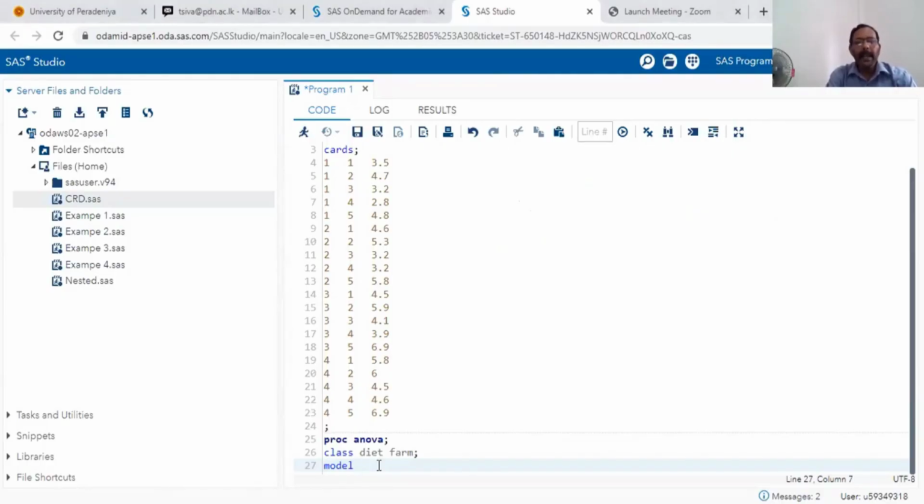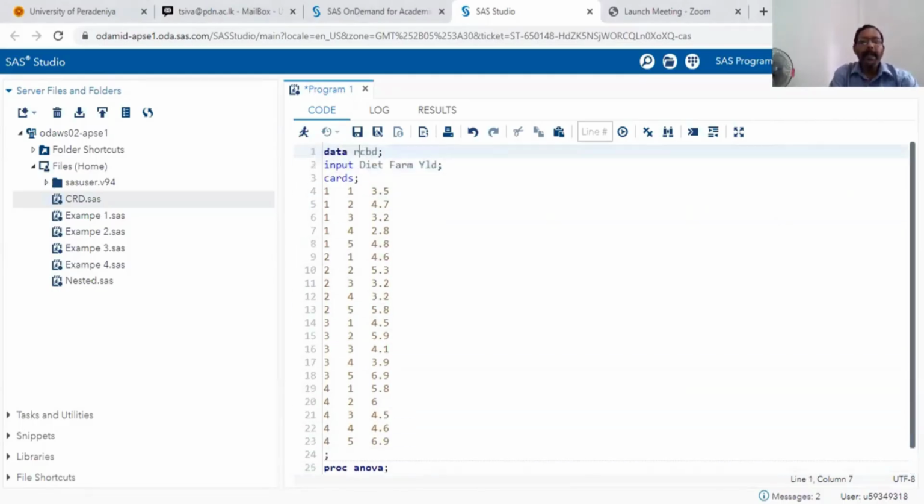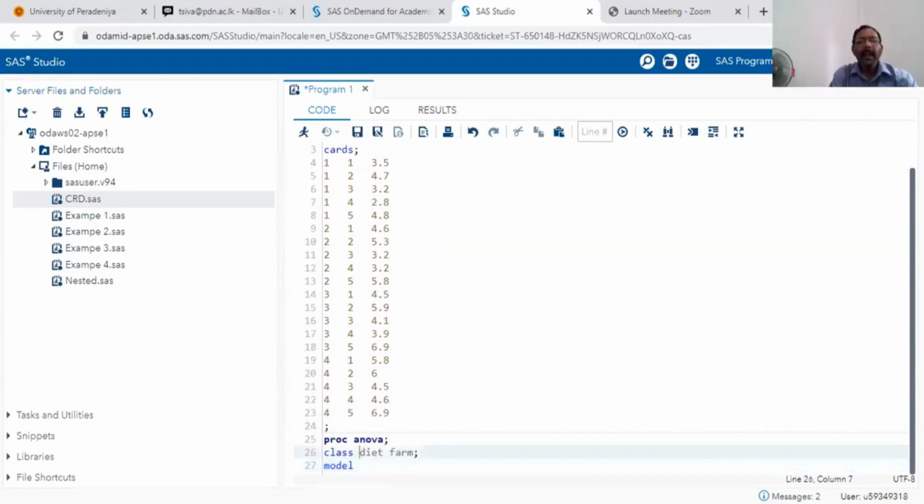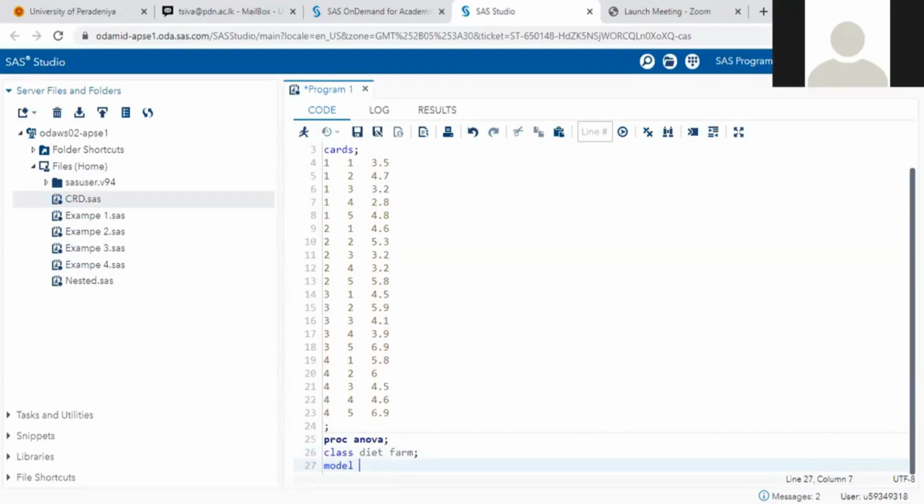So what is on the left side? Look at the names of these three variables. What is on the left side? Which equals what?